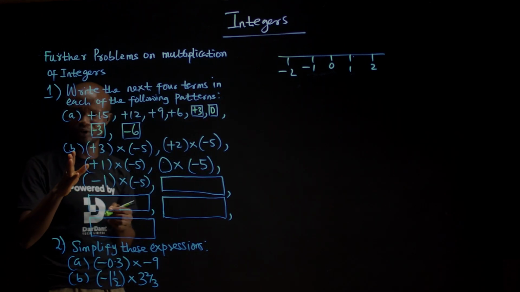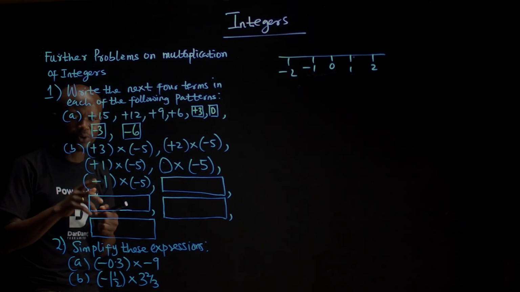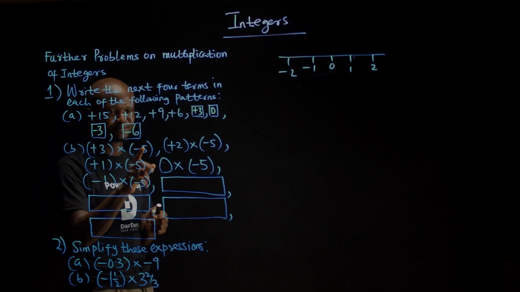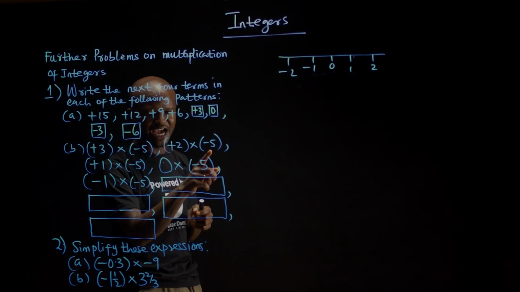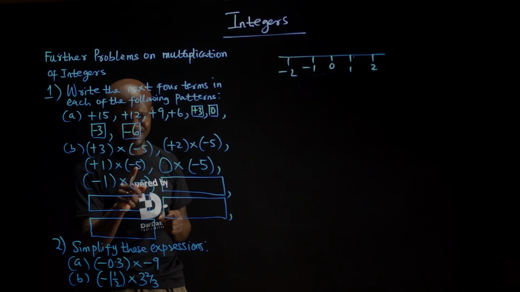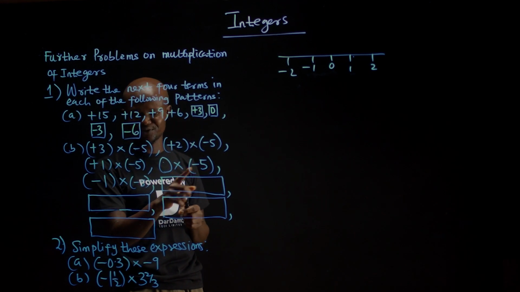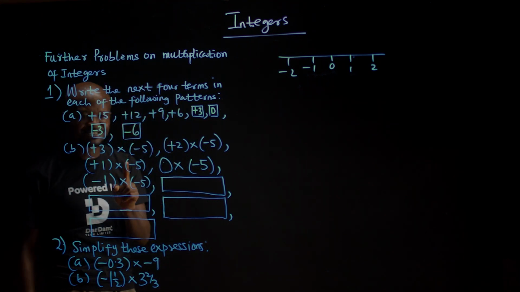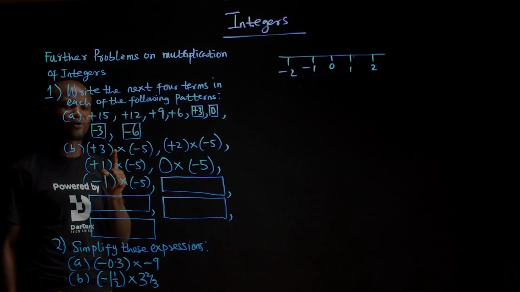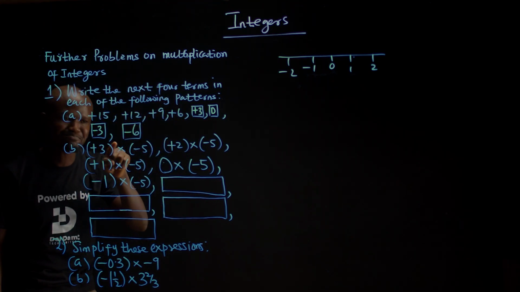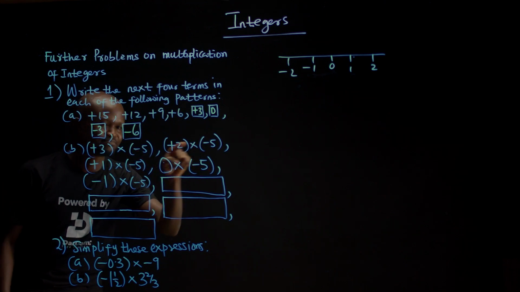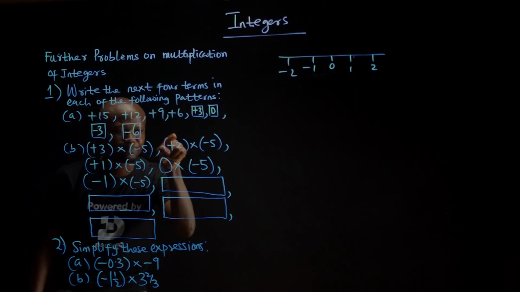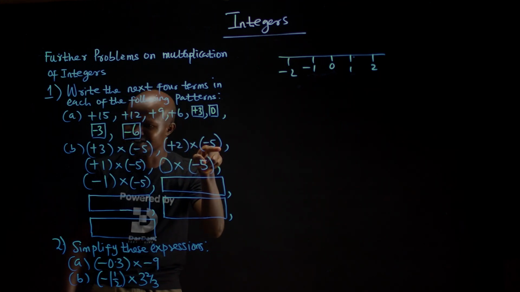Now, looking at the second problem, we have plus 3 times minus 5, plus 2 times minus 5, plus 1 times minus 5, 0 times minus 5, minus 1 times minus 5. We can see that something is common, and that is minus 5. Looking at the pattern, plus 3, plus 2, plus 1, 0, then minus 1, you can see it's reducing.